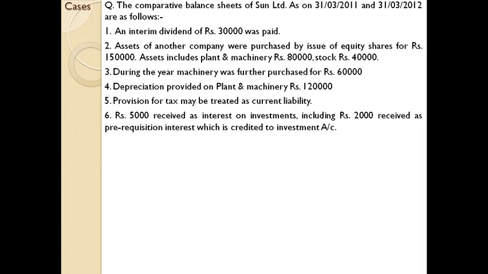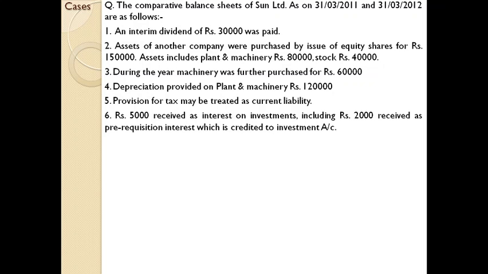It means the concern has earned a total income of rupees 5,000 during the year. Out of this 5,000, rupees 2,000 is pre-acquisition interest that is not related to the present period, and the remaining 3,000 is interest on investment, which is actually considered a non-operating income.